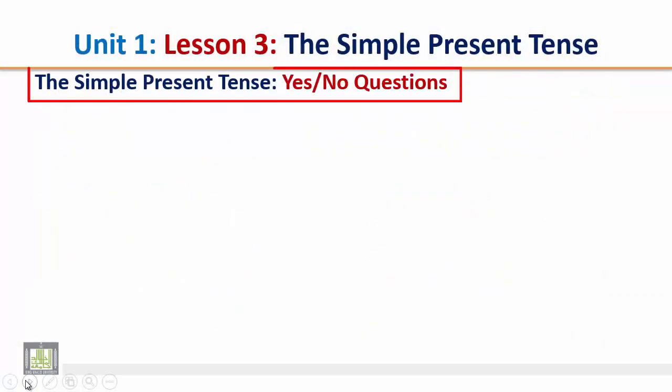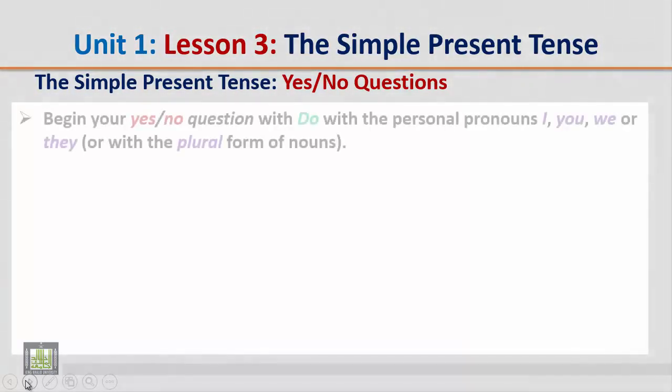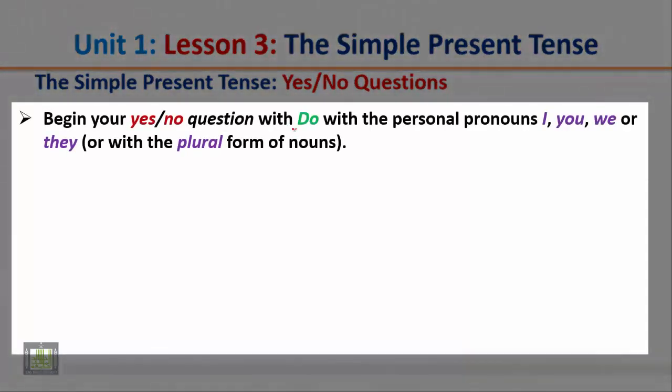The simple present tense, yes, no questions. Begin your yes, no question with do with the personal pronouns I, you, we, or they, or with the plural form of nouns.